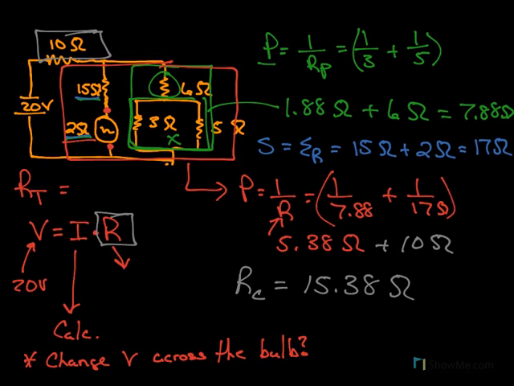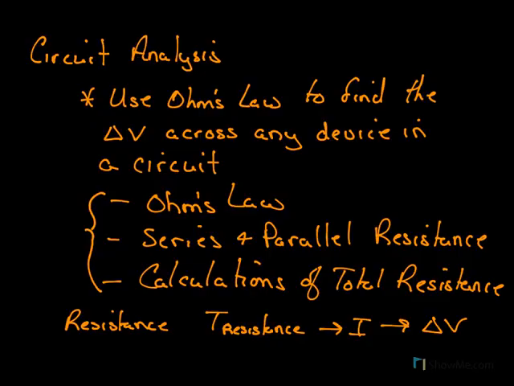We know the voltage. The next thing we're going to do is to solve for the current. Okay, so we're going to take our 15.38 ohms of resistance and our 20 volts of potential, and we're going to work out and solve for our current. So voltage is equal to the current times the resistance.